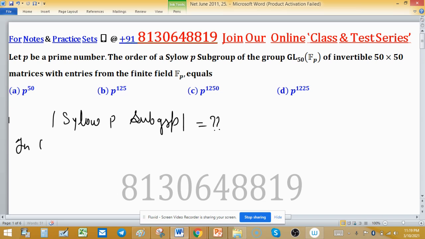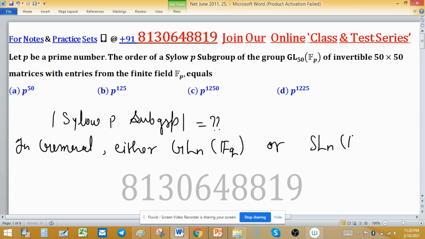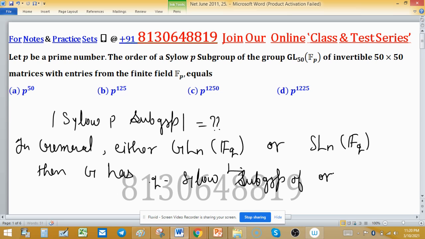In general, for either GLn(Fq) or SLn(Fq), the general linear group or special linear group, where the entries come from the finite field Fq, G has a Sylow q-subgroup of order q raised to the power n(n-1)/2.